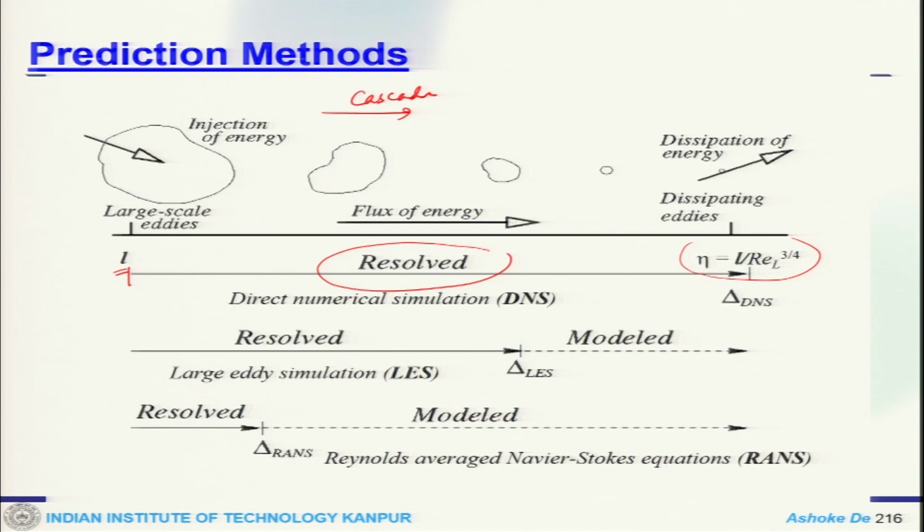Now, in between, LES resolves most of the energy, the large scale energy and the intermediate energy, and only models a small portion of the small scale, with the assumption that these scales are universal in nature. And in RANS, pretty much the complete spectrum is modeled. So, you do not consider the energy cascading effect; rather you assume everything is sort of an isotropic situation and mean.